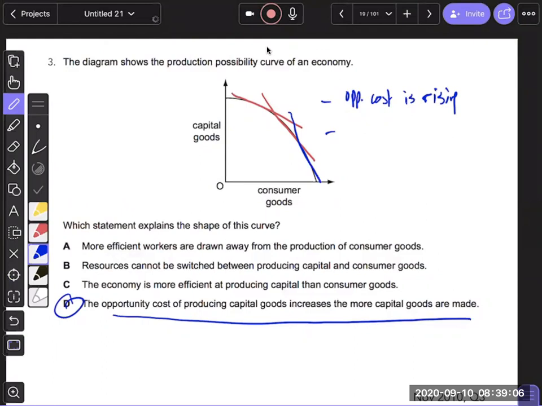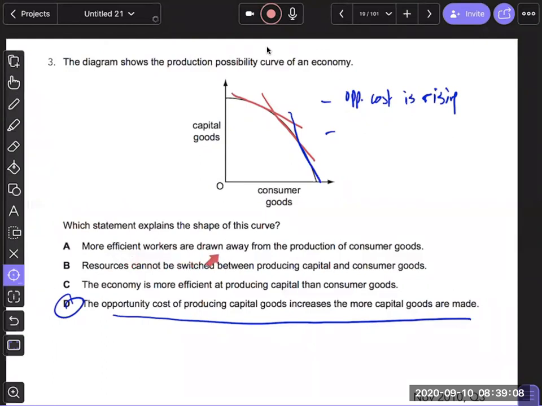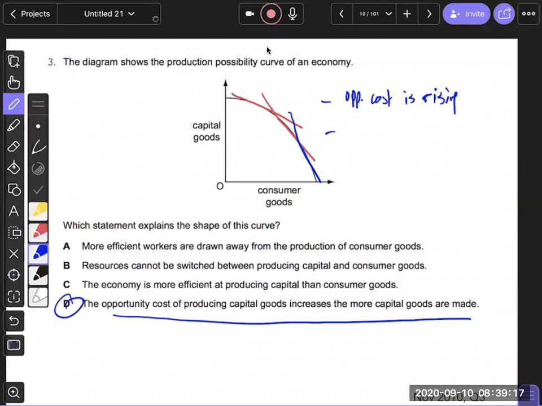Okay, let's look at other answer choices as well. More efficient workers are drawn away from the production of consumer goods. The answer is that honestly, we don't know which workers were efficient that are drawn away.